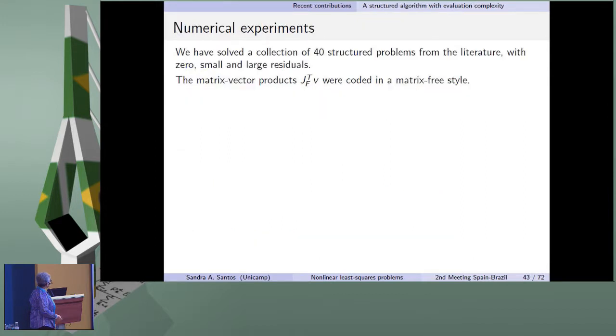So to assess the performance of SDAJM, we have solved 40 structured problems from the literature, and they have zero, small or large residuals. Our matrix vector products that are necessary for the iterates are computed in a matrix-free way, so we do not assemble the Jacobian, we just have the effect of the transpose times a vector.